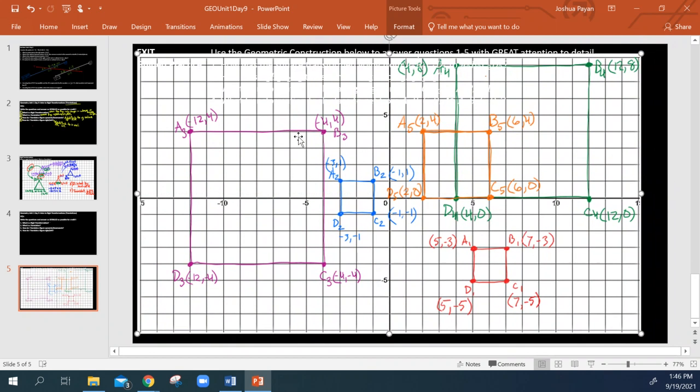In our applied practice, we're basically going to be like little detectives and figure out what had to have happened to go from the red square, which is our first square, A1, B1, C1, D1, to our blue square. We can plainly see that's a translation. The question is, translated how?